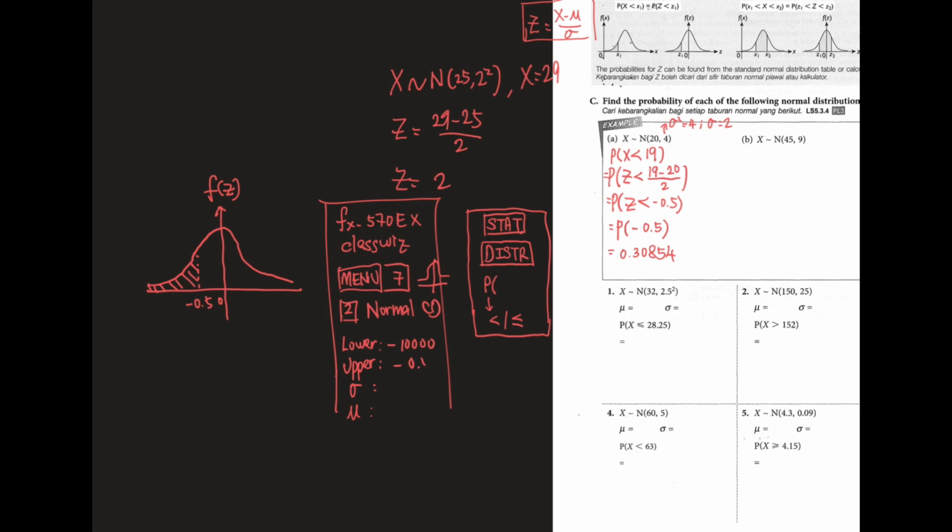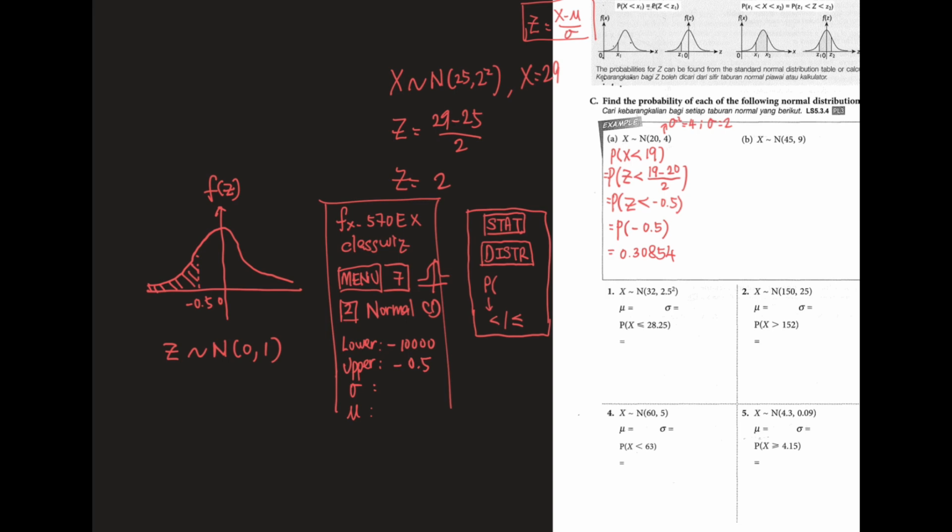What about the standard deviation? Remember, we already changed it to a z-score. The standard normal distribution always has mean 0 and standard deviation 1. So for the standard deviation, you put 1.